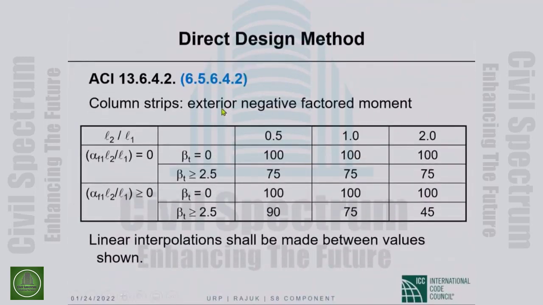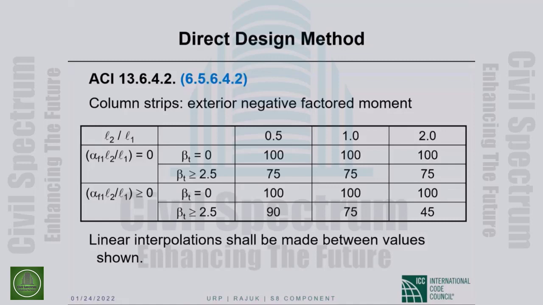This is now the exterior negative factored moment. How much of it goes to the column strip? If there is no column line beam and there is no edge beam, 100% of the negative moment goes to the column strip, 0% to the middle strip. This is very important, obviously.